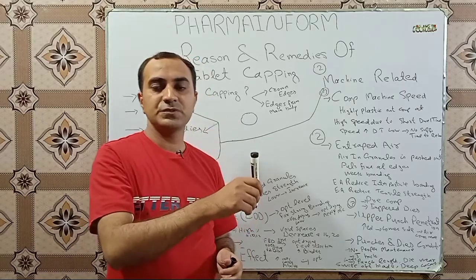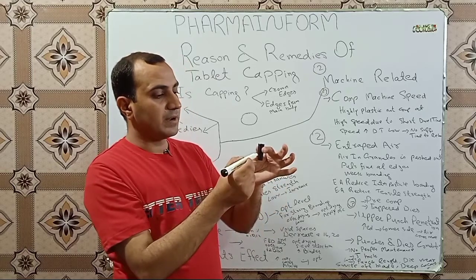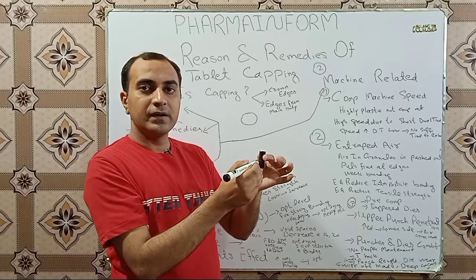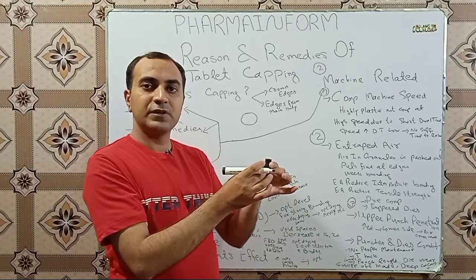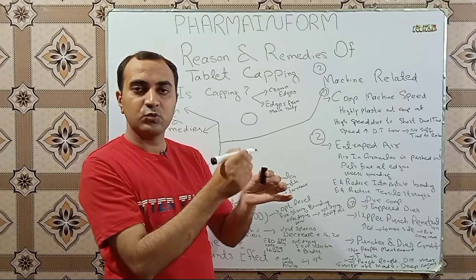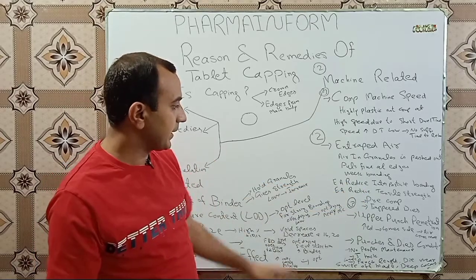If upper punch penetration is very high, the tablet will be formed at the lower portion of the die, so the escape of air will be difficult because air will have to cover more distance to come out, and this may result in tablet capping.